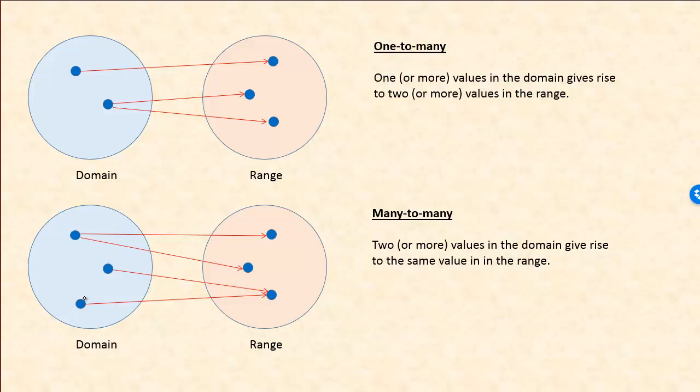So we've got these 2 in the domain giving us this one in the range, and in addition, 1 or more values in the domain gives rise to 2 or more values in the range.